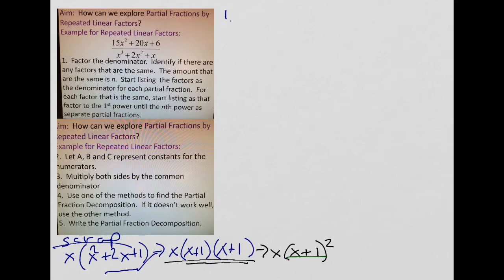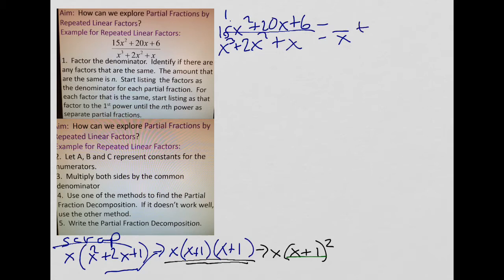So step 1, let me write out the problem. I'm just making a denominator. That's okay. I think you guys know what I mean. So for our distinct linear factor of x, that's fine.